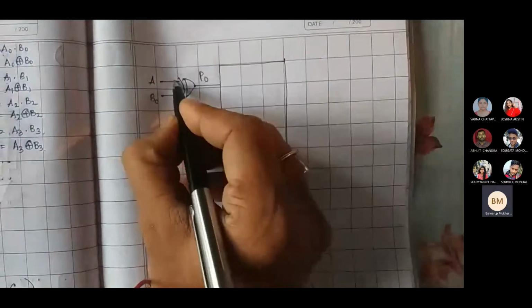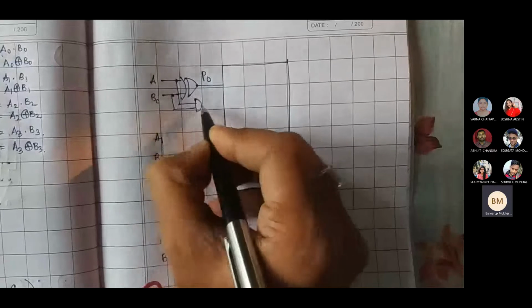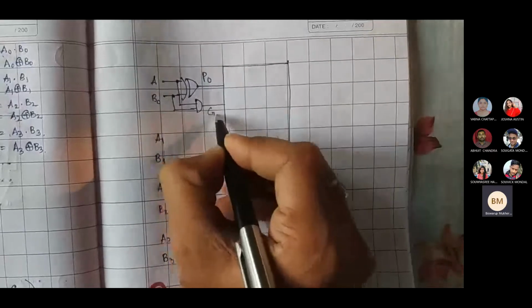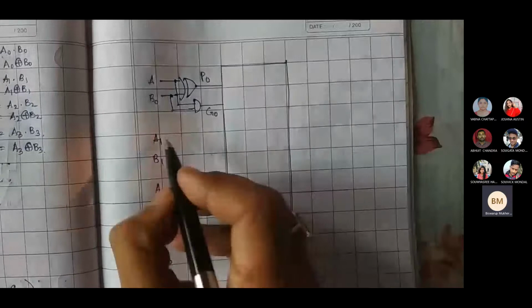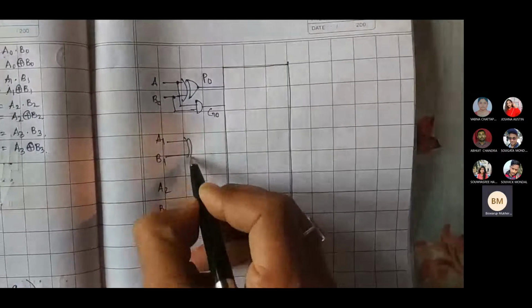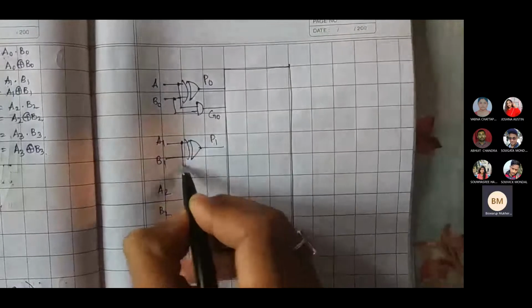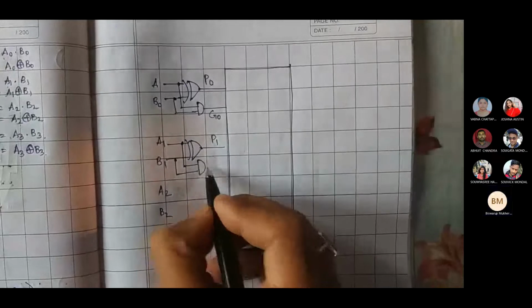And there will be one AND gate to produce my G0, right? And same for every case. One XOR gate to produce P1, another AND gate to produce G1.